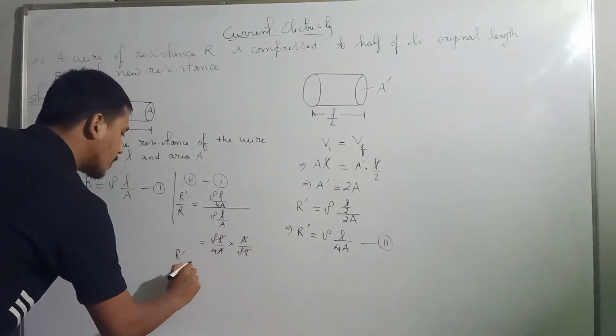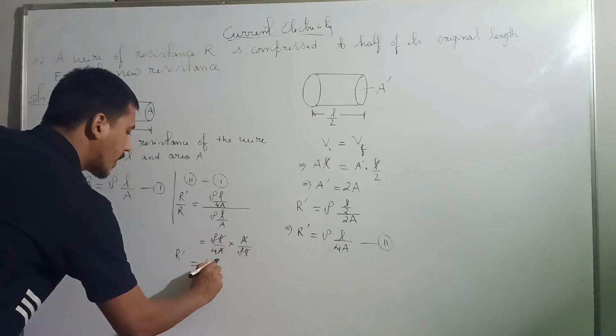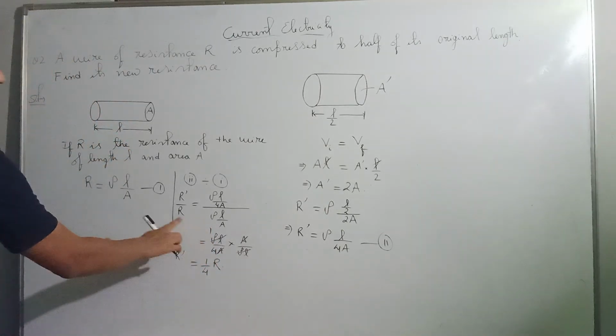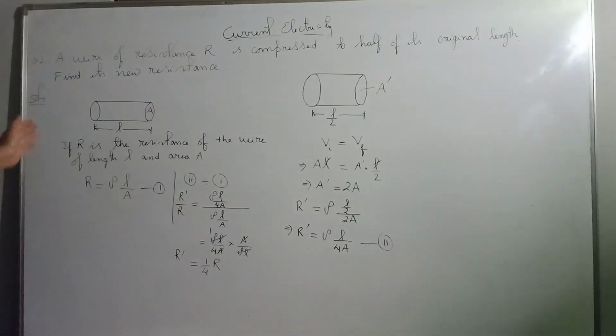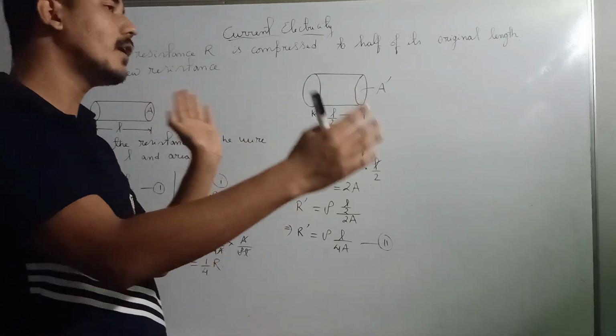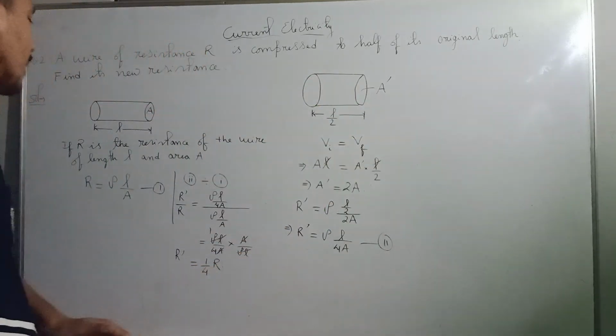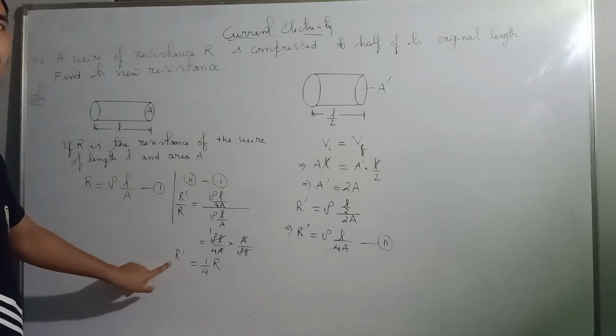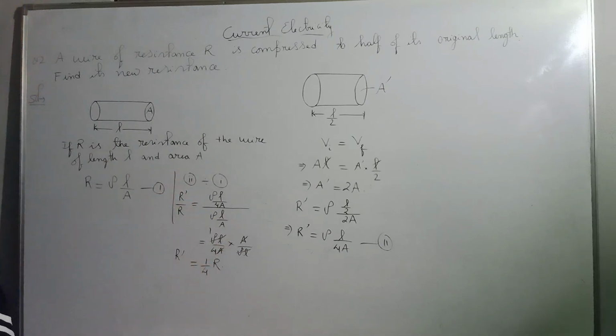So R dash will be equal to 1 by 4 times R. We have 1 here, so 1 by 4 times R. So if you are compressing the wire to half of its original length, then the new resistance becomes 1/4 of its original resistance.